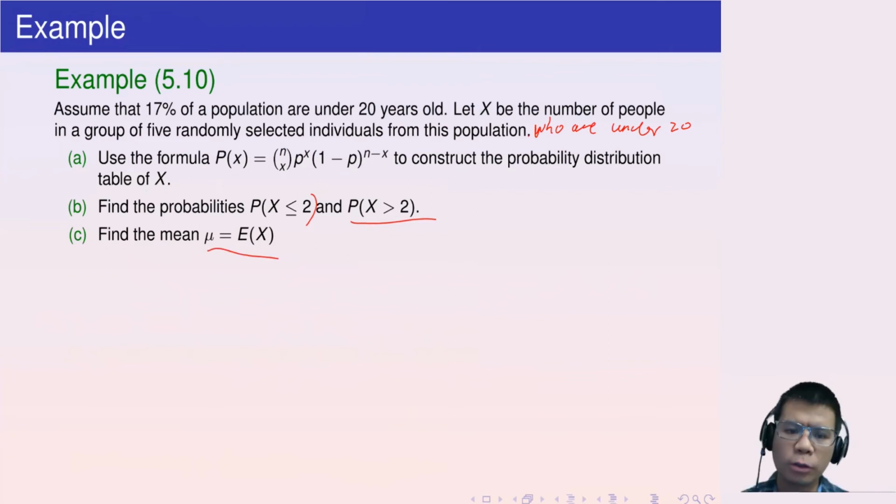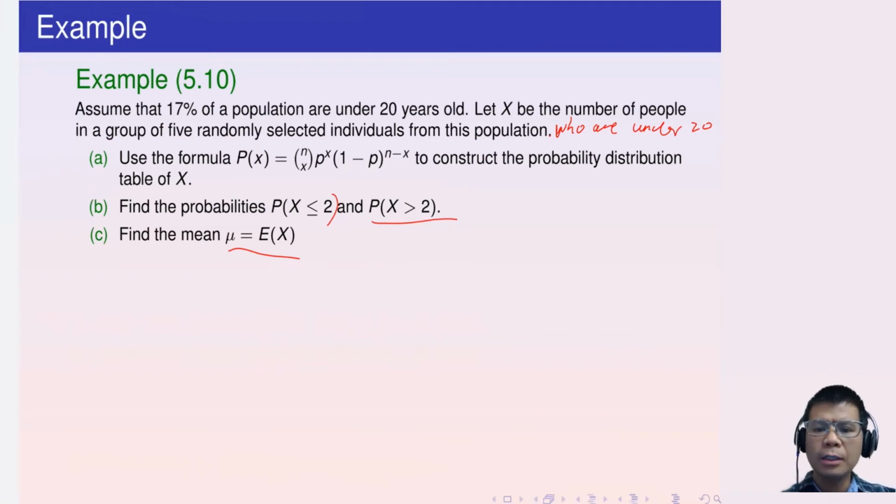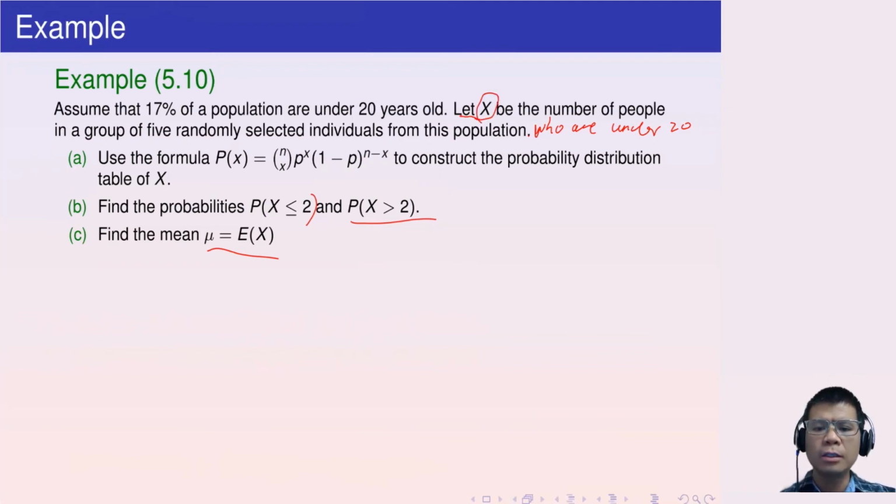So let's just try to find these using the formula. So how can we find the probabilities? Okay, so firstly, X is given here as the number of people in a group of 5 randomly selected individuals, right?